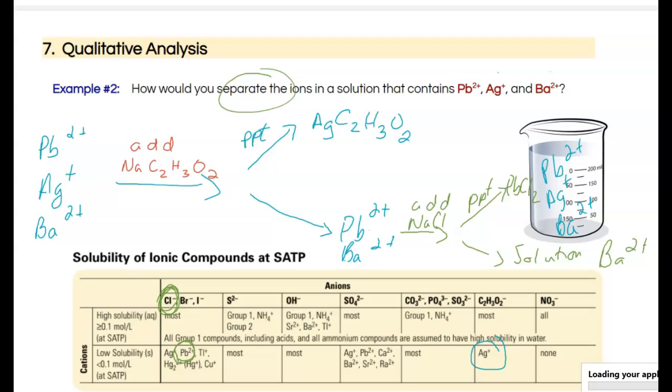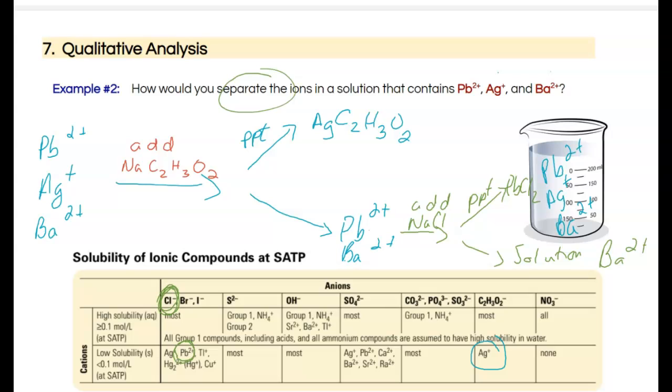So let's just kind of go back and go over this. So in the first step, I added the acetate because the acetate would precipitate out my silver and separate it out. Okay, so maybe I would filter out that solid or something to that effect. And then it's gone. And then what would remain in that solution after I filtered would be my remaining two ions.